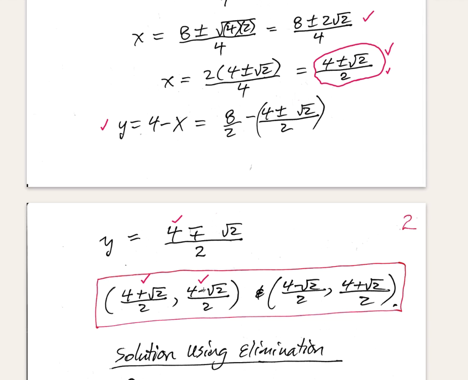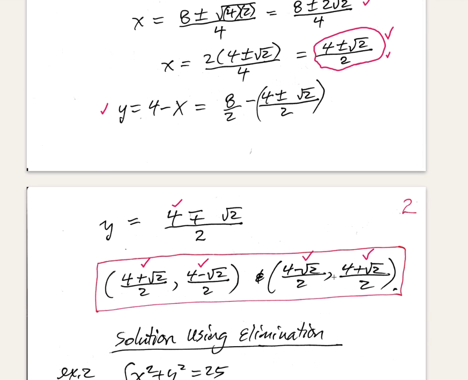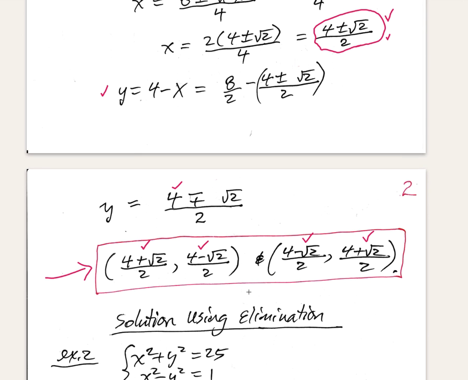See these signs change. And then x could be 4 minus the square root of 2 over 2, in which case y is 4 plus the square root of 2 all over 2. You could graph these on Desmos or something and double check yourself. That might not be a bad thing to do.